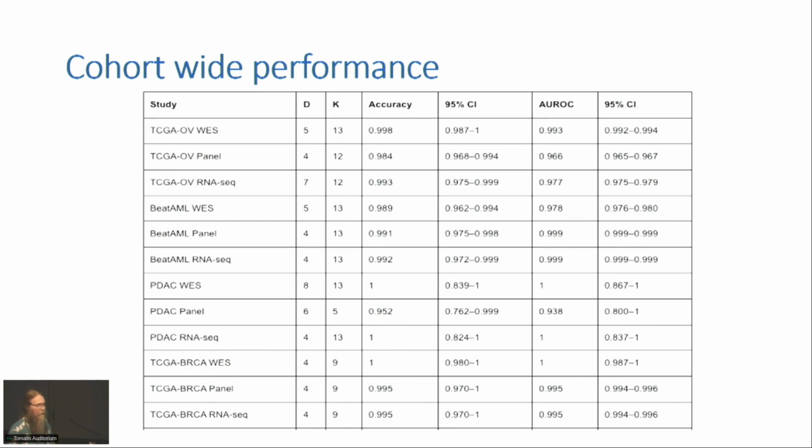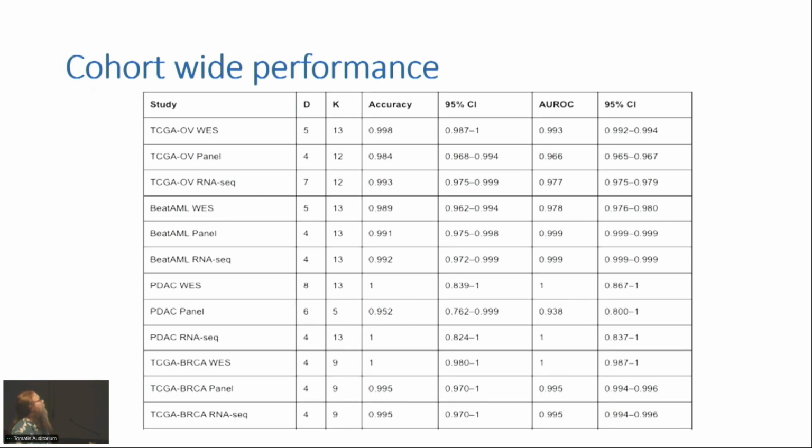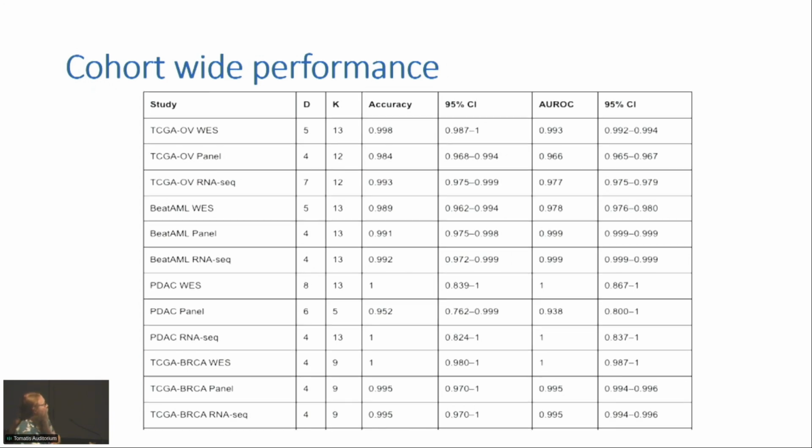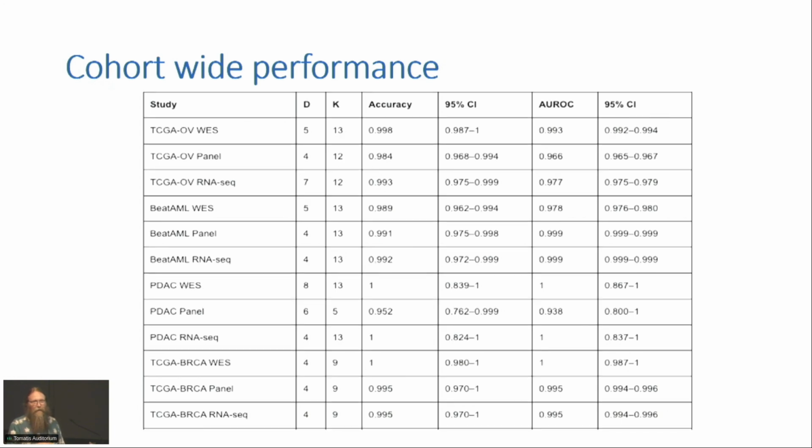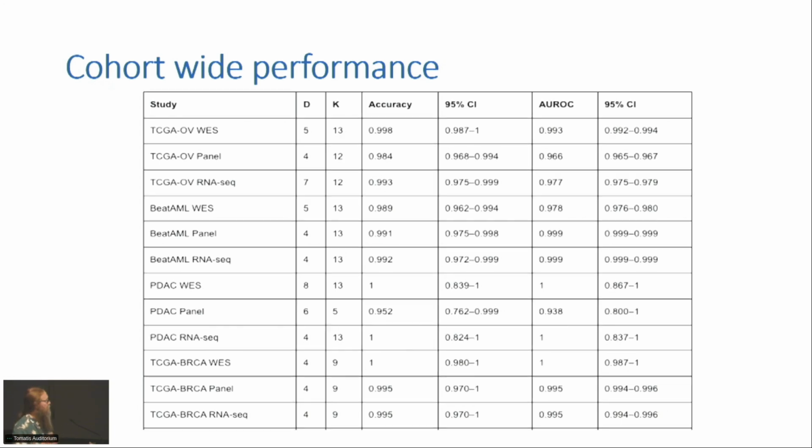So we compare the ancestry inference, and we have a concordance around 98% to 99% for all except the panel for the pancreatic cancer. It's organoid pancreatic cancer with high cellularity and a lot of copy number variation. This case is a little bit more complex, so we have a lower accuracy.